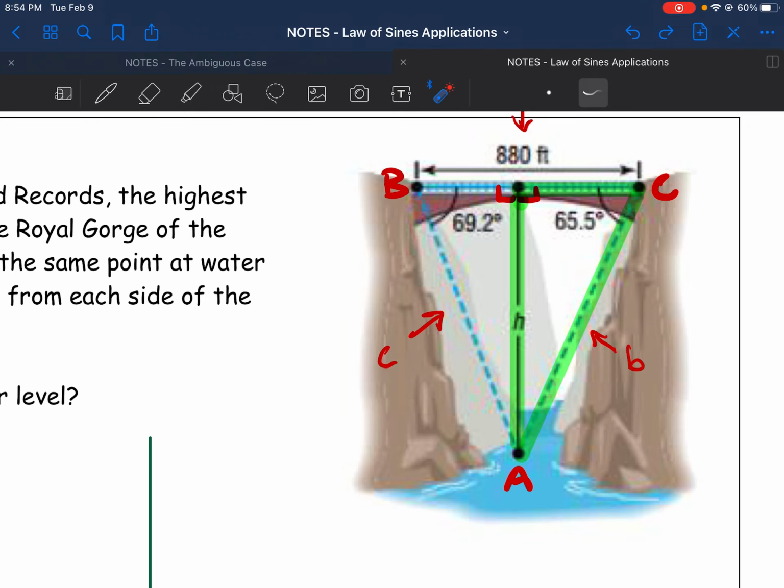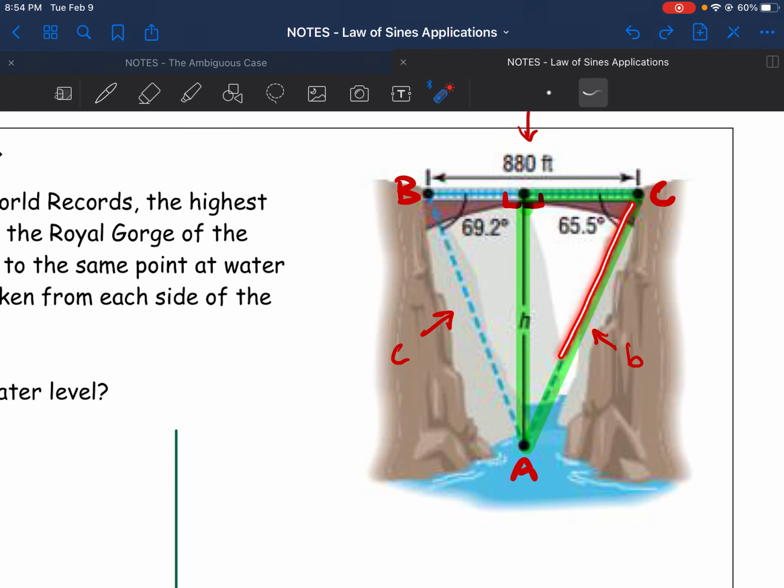But if we can find side B, then we can use the 90-degree angle, the 65.5 degree angle, and this side, and use the law of sines on this triangle right here. Alternatively, since it's a right triangle, we could use something like SOHCAHTOA to solve it, okay? But my goal here is to find side B, and that, along with the information of this right triangle, is going to help me find the height here.